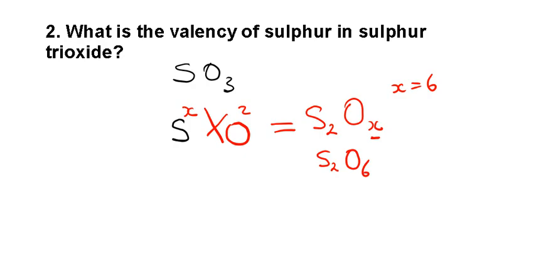The 2 cancels with the 6, giving us 3, so we have SO3. You see that this is the formula for sulfur trioxide, which means the valency of sulfur is 6.